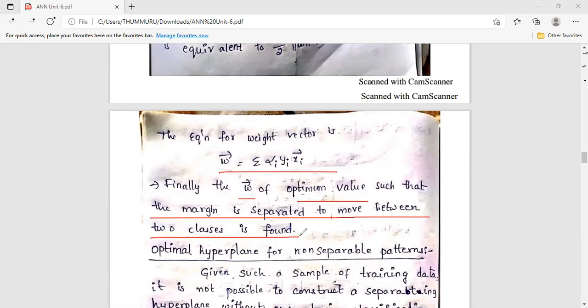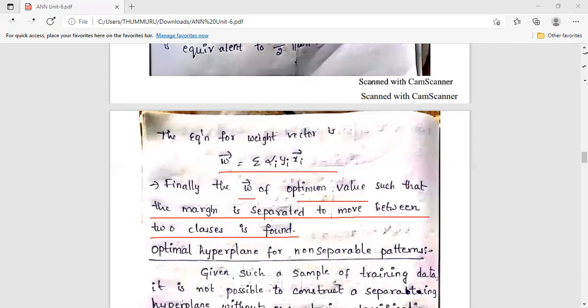Like this, we can separate the given data points and find out which class a given data point belongs to, either class 1 or class 2, by knowing the distance between the hyperplane and the decision boundary.